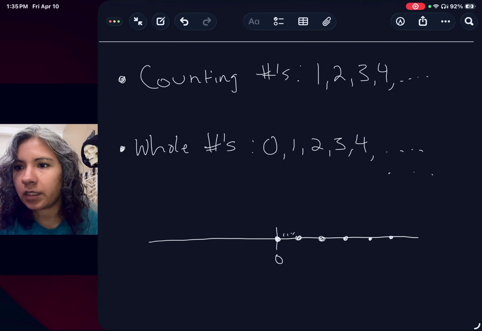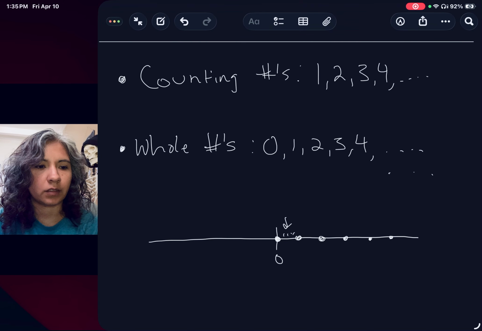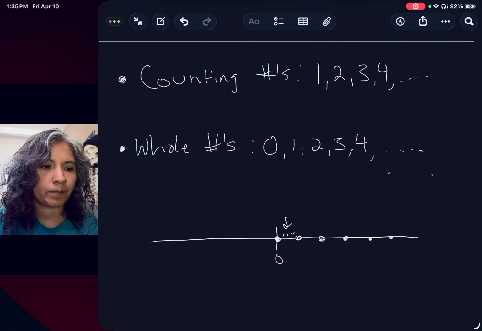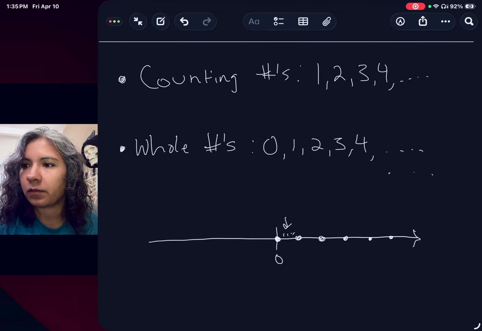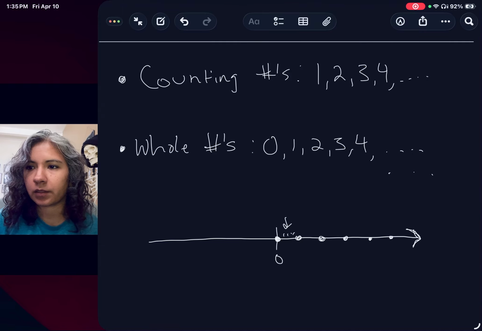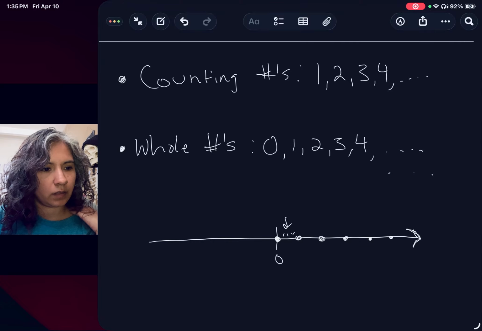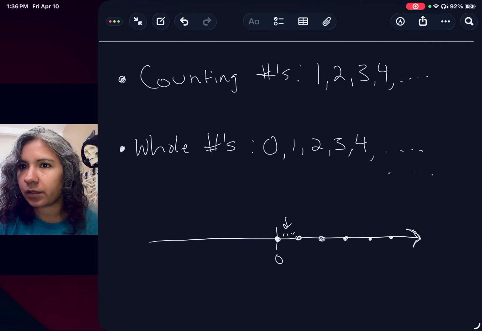These numbers between aren't whole numbers, they're decimals or fractions or something else, right? The numbers go on and on the number line. So the whole numbers keep increasing, but they start at 0.